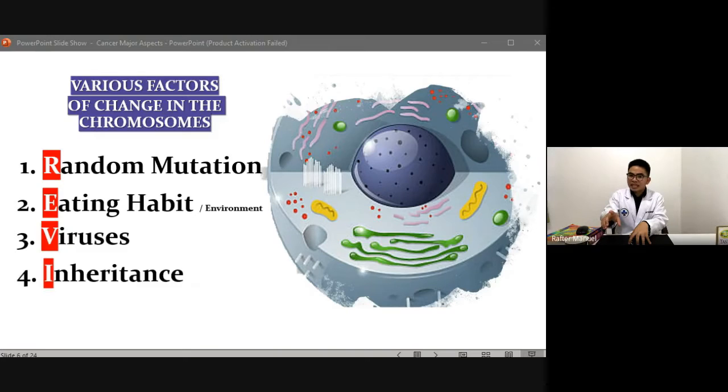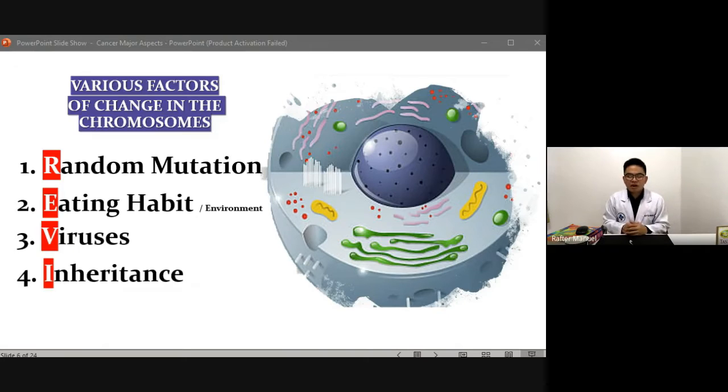But normally, after they divide and grow, they will be killed. Otherwise, they will pile up against each other until a certain region in your body will become a tumor. And the worst case scenario is that it will spread to other regions of your body and may cause the death of a person.